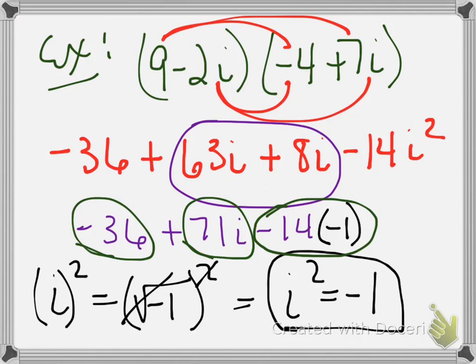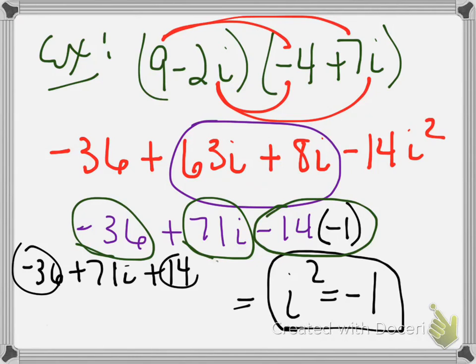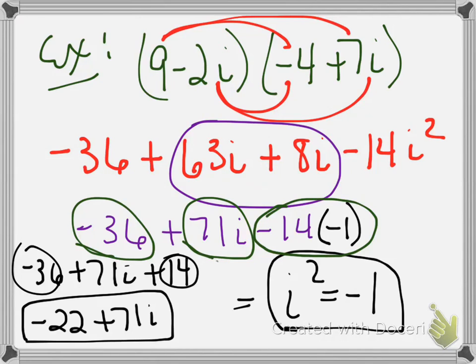So if I have negative 36 plus 71i plus 14, then now I can combine the negative 36 and the positive 14, and that's going to make negative 22 plus 71i. And that's going to be my solution.